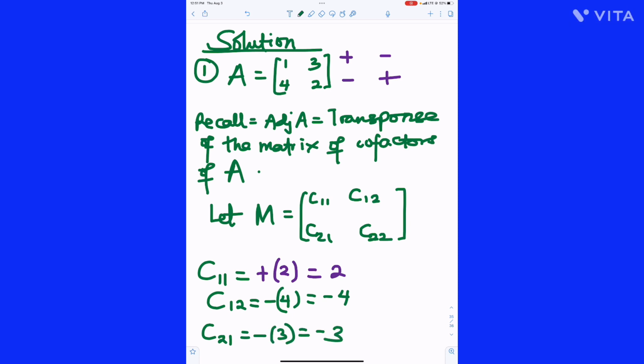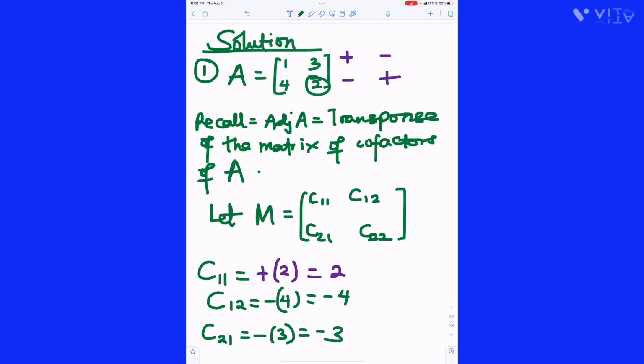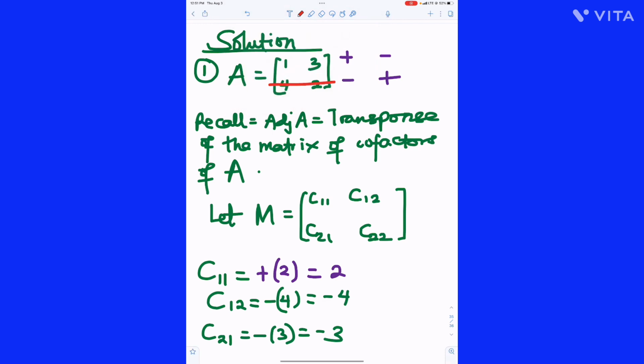Minus 3. Now, I'll go ahead and find the cofactor of the last element, which is 2. To get it, I'll cross the row and column containing 2. I'll have 1 left. The cofactor of 2 should take a positive sign. So, plus times 1.